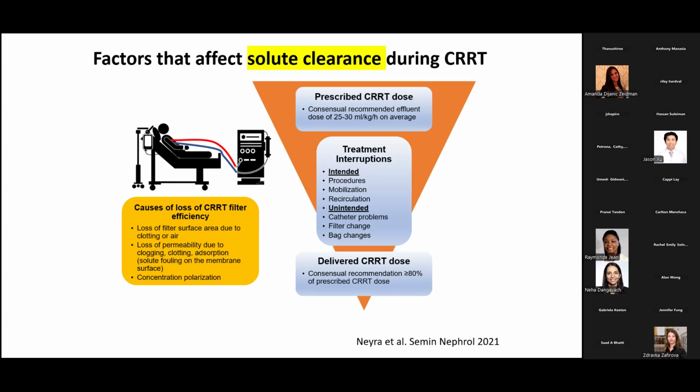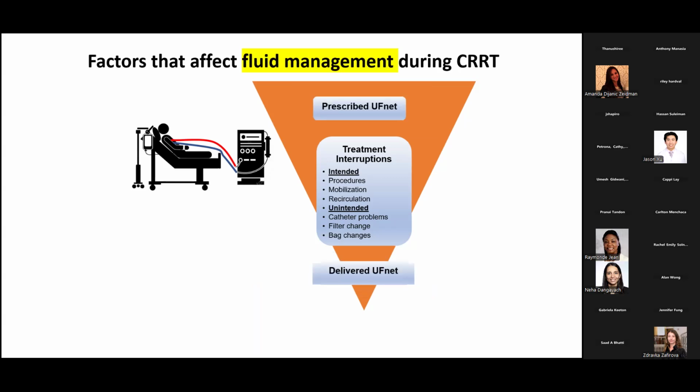It's very heterogeneous according to patients and their status of hypercatabolism. Same thing we can extrapolate to fluid management. We have a prescribed net ultrafiltration fluid balance goal, and we need to be conscious about the treatment interruptions, intended and unintended, that preclude our delivered net ultrafiltration and therefore our target fluid balance goal.